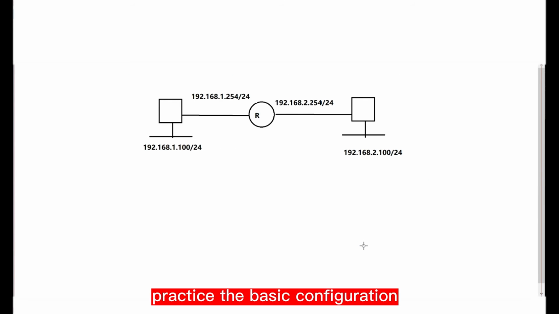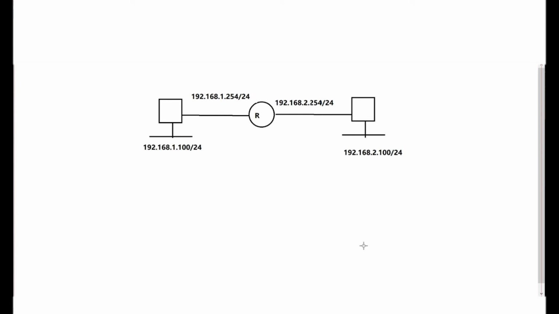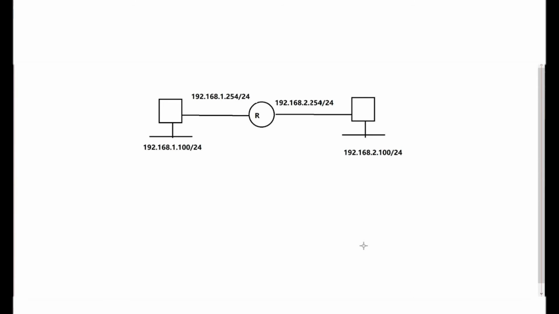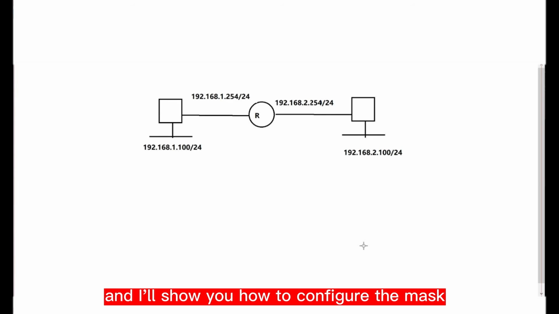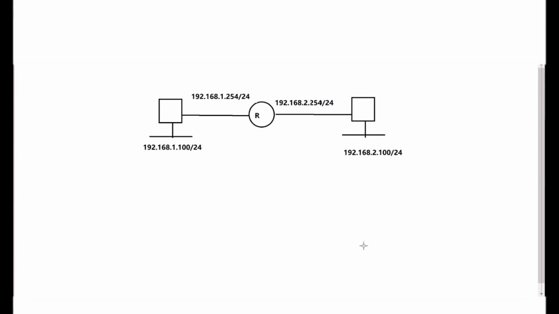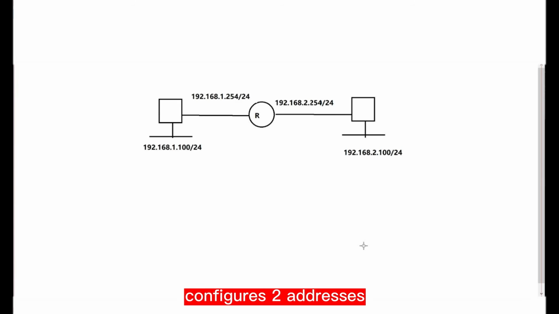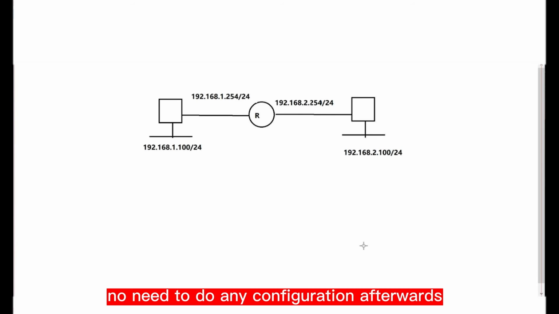Practice the basic configuration. These are the addresses of both ends. IP will be configured on the host in the future. We just demonstrated configuring IP. Wait a minute and I'll show you how to configure the mask. In addition, for the router, enter the interface and configure two addresses. No need to do any configuration afterwards.